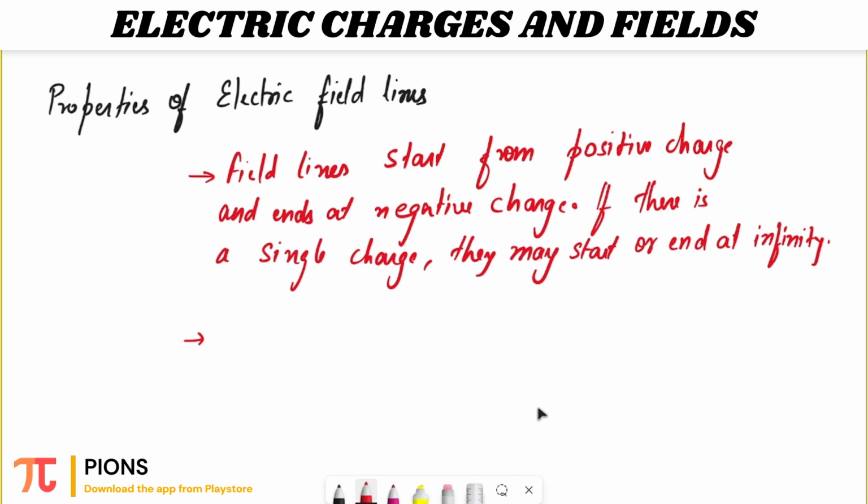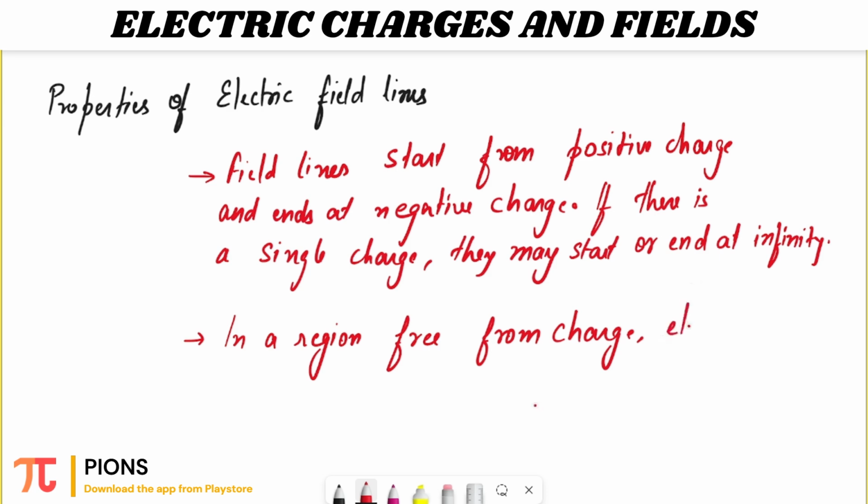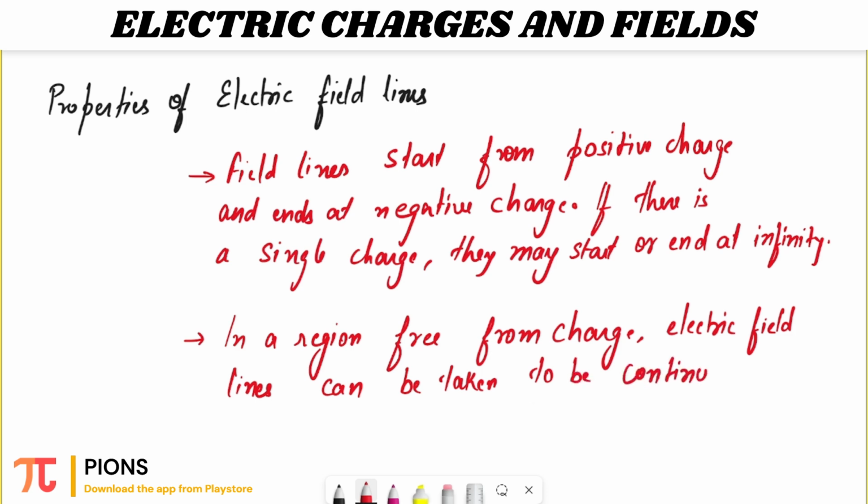In such a place where there is no charge, the field lines which were coming out because of that particular charge, in a region free from charge, electric field lines can be taken to be continuous curves, without any breaks.